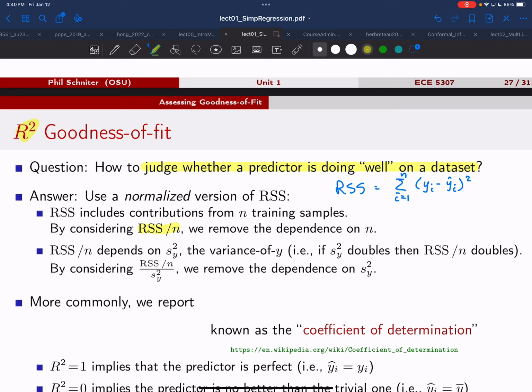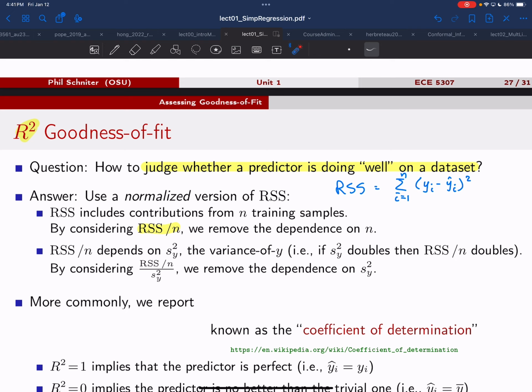Now that's not the only issue. When you look at this expression, you can see RSS also depends on the size of y. So if you double all your y's, what's going to happen to RSS? It's going to go up by a factor of 4, right? Because you're squaring that doubling. So again, RSS is related to the size of y. In particular, it's related to the variance of y.